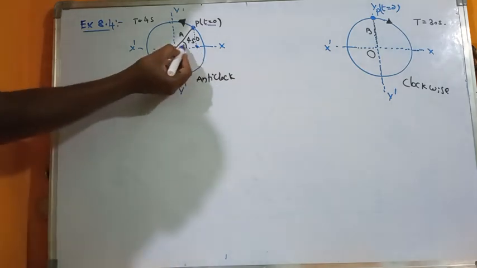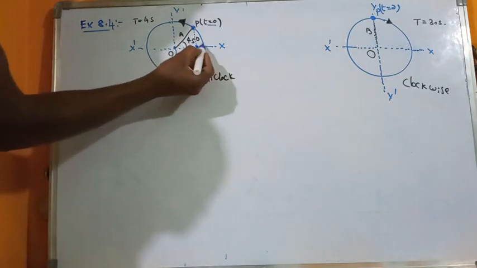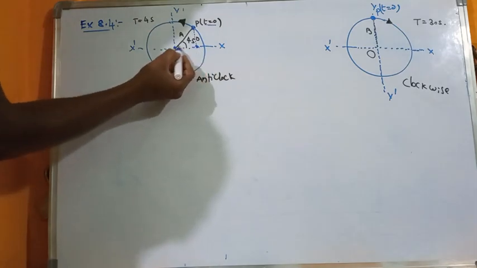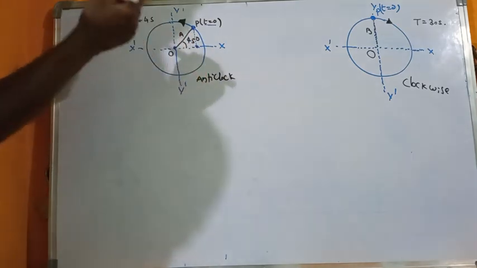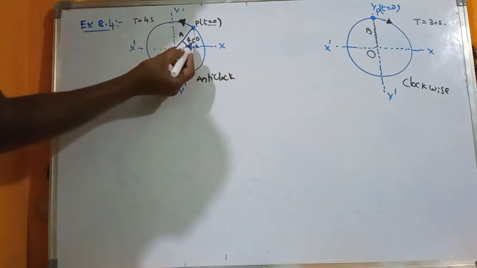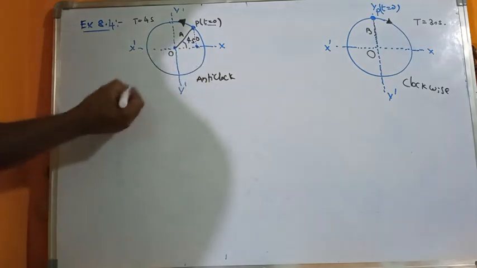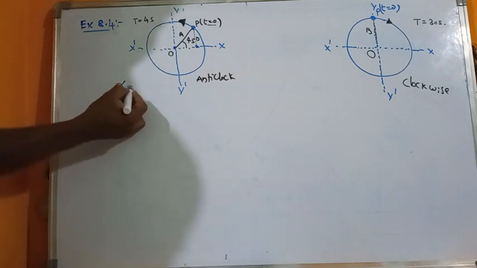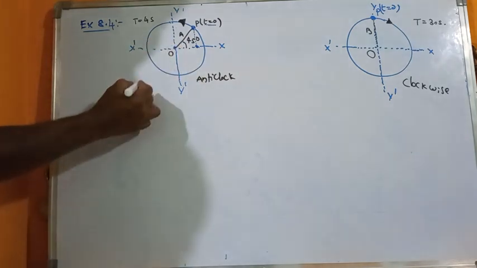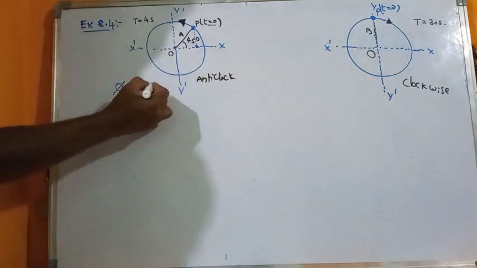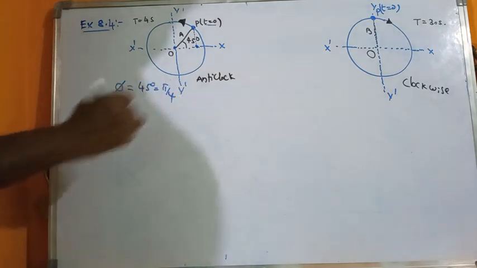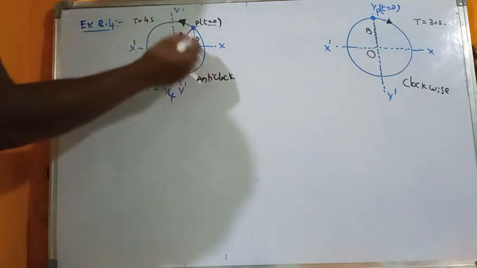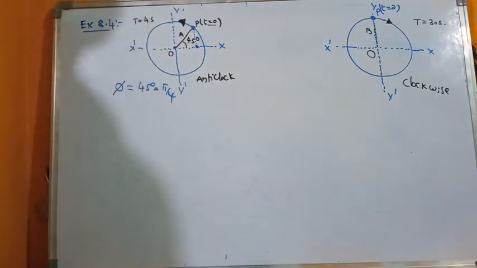This is what we call the reference line in the anti-clockwise direction. Before starting the motion, it already has some angle, and that angle we call the initial phase angle, phi, which is equal to 45 degrees, that is pi by 4. It is our initial position of the particle in the anti-clockwise direction.